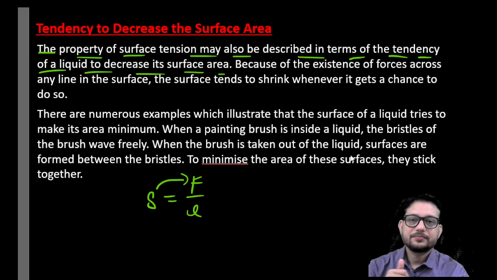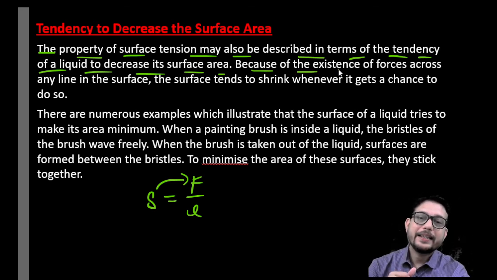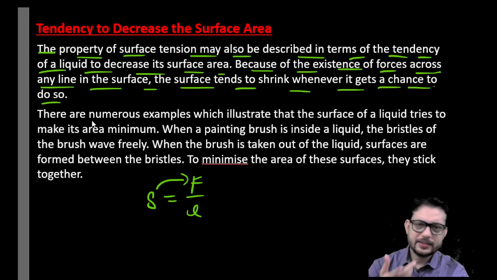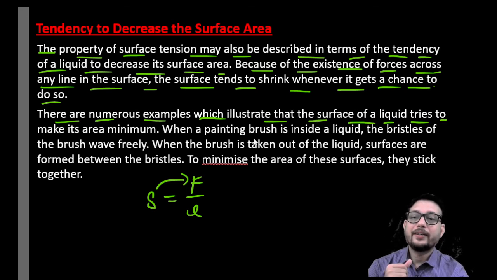Okay, so it is written here that because of the existence of forces across any line in the surface, the surface tends to shrink whenever it gets a chance to do so. These statements I have already discussed with you. There are numerous examples which illustrate that the surface of a liquid tries to take its minimum area. When a painting brush is inside a liquid, the bristles of the brush wave freely.